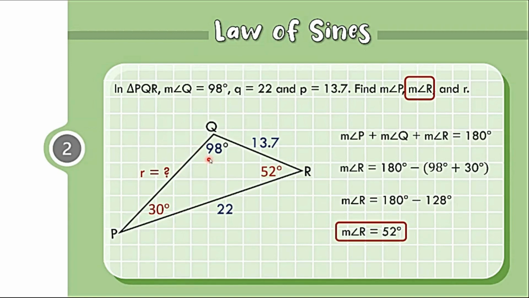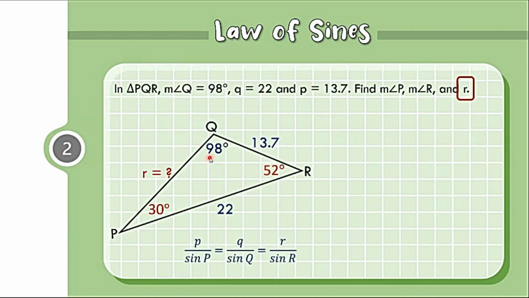This time, let us have the last one. Let us find the length of side R using the law of sines. Since we are asked to find the length of side R, then we will use the ratio r over sine R. We already know the lengths of side P and side Q. We also know the measure of angle P and the measure of angle Q here.